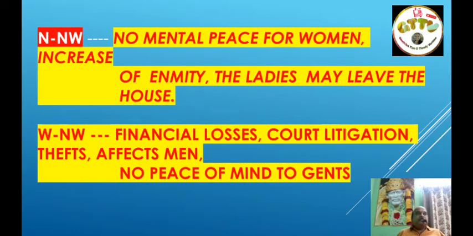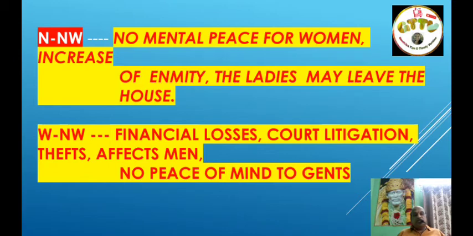For example, next we have Vayuvya, that is the northwest corner. We have north of northwest and west of northwest. If you take the north of northwest corner, then you can say no mental peace for women, increase of enmity, and these are the problems.